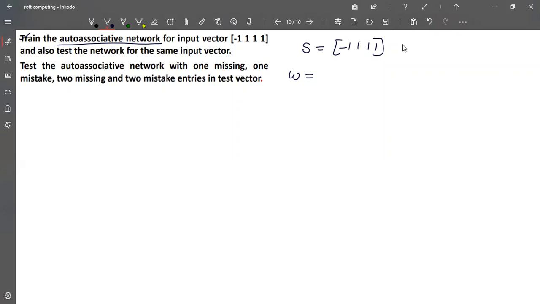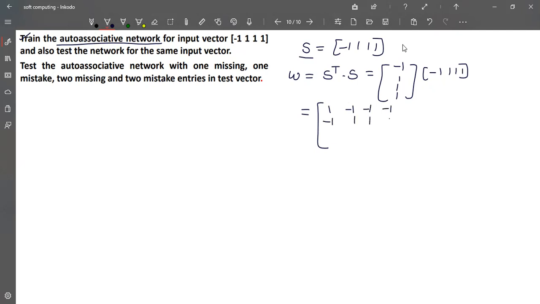So here S is our input vector, and we will get our weight value with S transpose into S. Our S transpose is 1, 1, 1, 1, and our S is 1, 1, 1, 1. Now, with this, the final weight matrix will be 1 -1 -1 -1, -1 1 1 1, -1 1 1 1, -1 1 1 1.